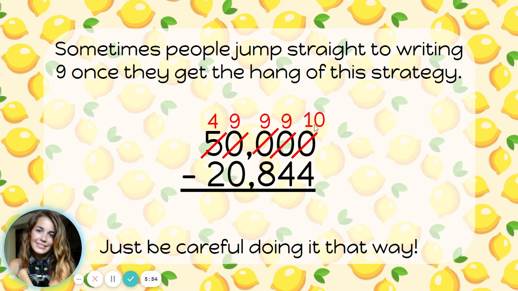This number would only become a 9 if I had another place to regroup, but I don't. I'm finished regrouping, and then once again, we subtract one place at a time. So if you're going to take this shortcut and automatically regroup to 9 instead of writing 10 first, just be careful. Make sure you don't change a 10 to a 9. That should actually stay a 10.